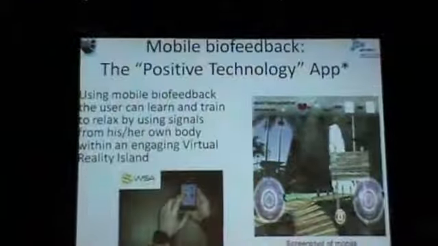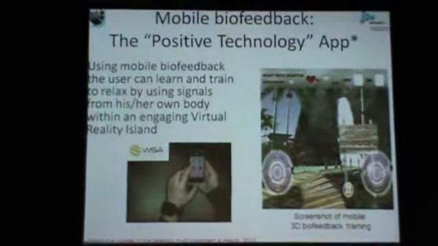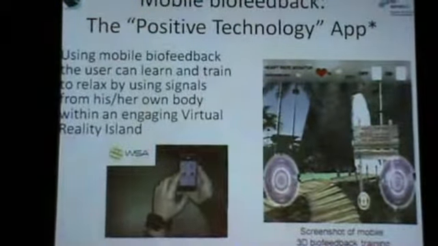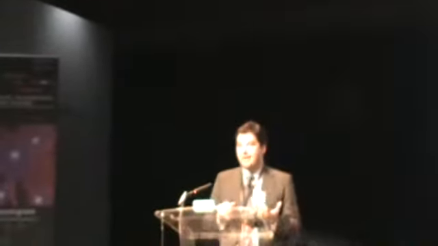What is biofeedback? Biofeedback is a very old technique which is used by psychologists to help people to become aware of their autonomic nervous system response. How does it work? Basically, you get visual feedback about the vegetative response of your body.